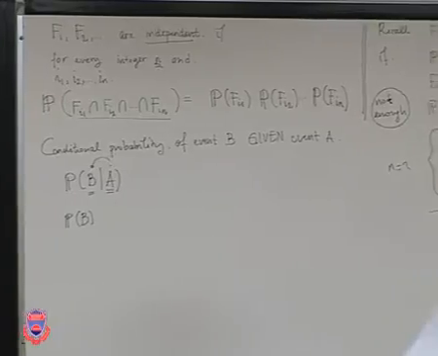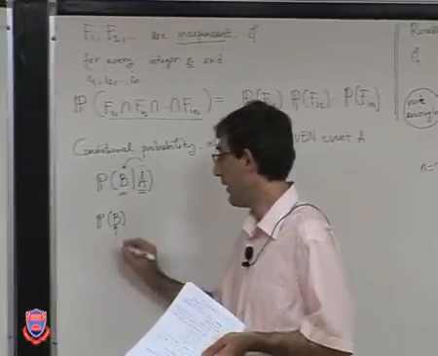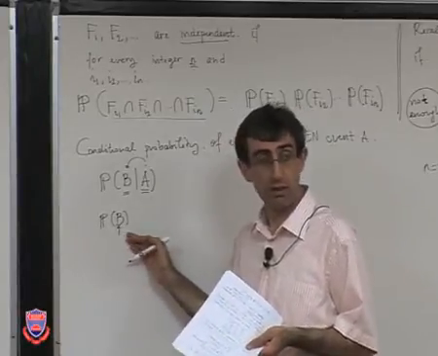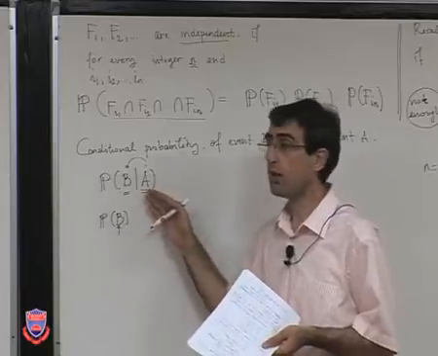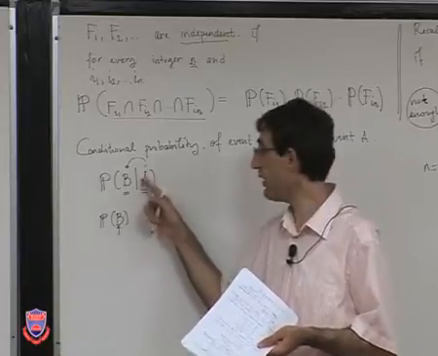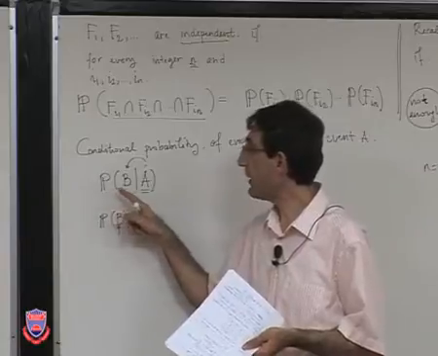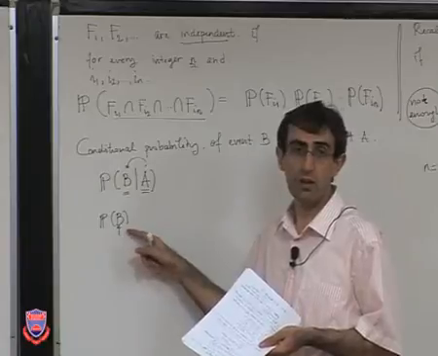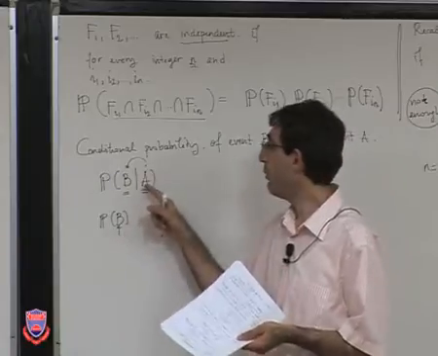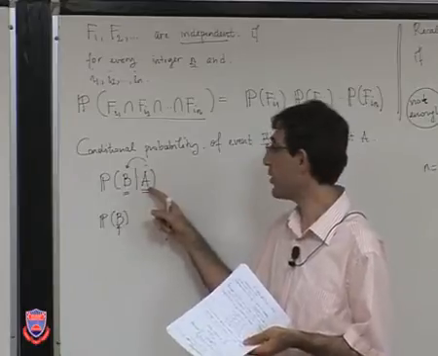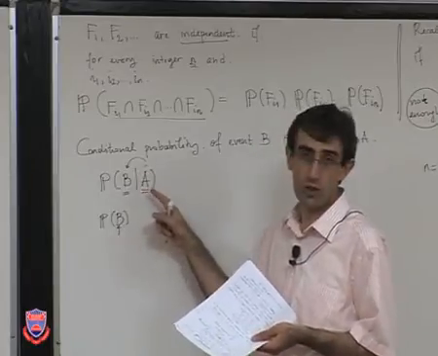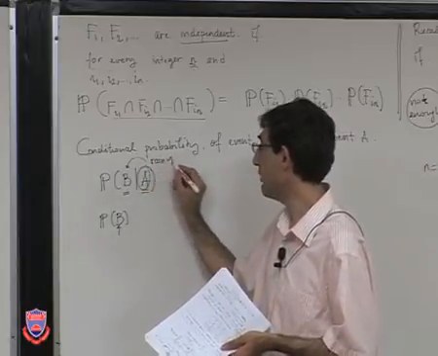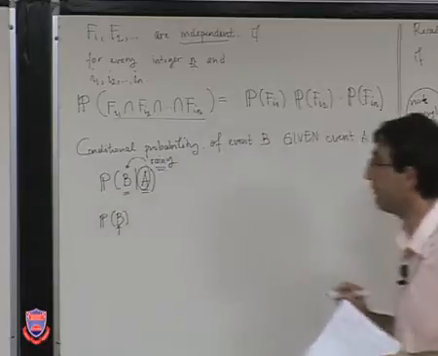For example, B could be the event that an accident has happened, and A could be that it was dark. Given that it was dark, the probability that an accident has happened might be higher than when you don't know whether it was dark or not. Or A could be some information about the road condition, for example that the weather was rainy.